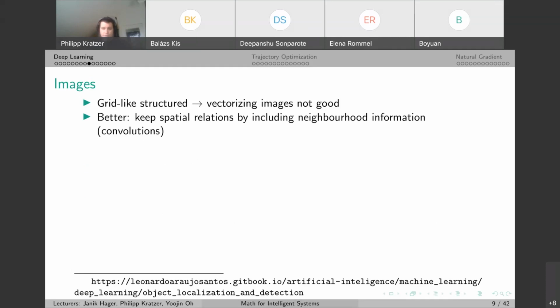We would like to use this grid-like structure and the neighborhood information that is included in the images, because typically neighboring pixels correspond to the same object or to the same parts of the objects and might be kind of similar. And this is where convolutions are helpful.